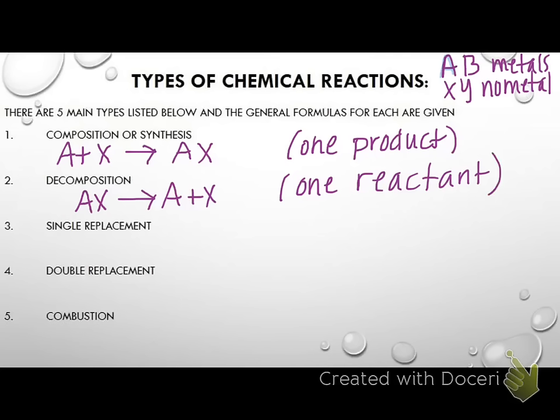A single replacement can be a metal replacing another metal, or it can be a nonmetal replacing another nonmetal.